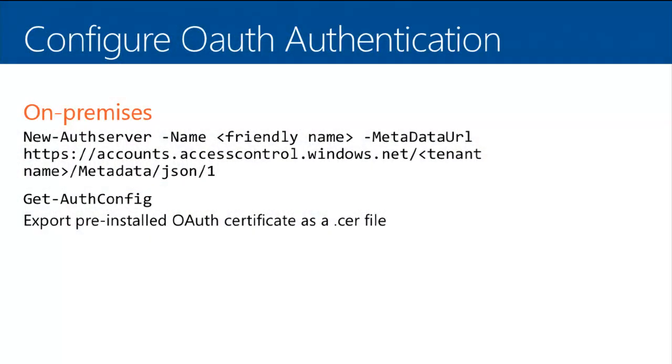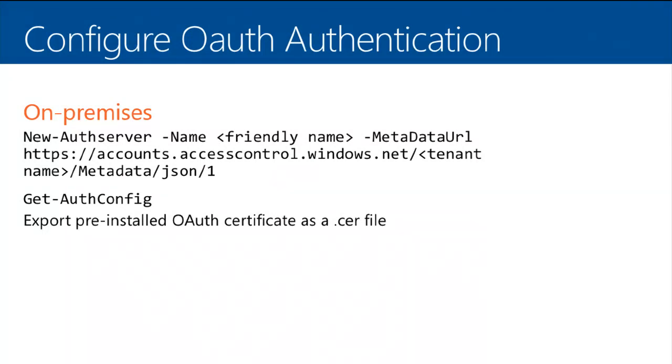On your on-premises server, you're going to go ahead and use the new auth server command to introduce your Office 365 authentication infrastructure to your on-premises. Then you're going to export the certificate using get auth config from your on-premises server. Now, you take the certificate because we want to make sure this is secure communication.